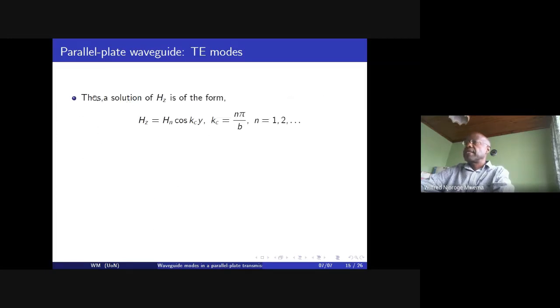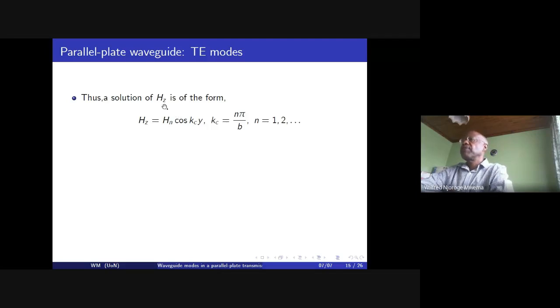So thus, a solution of Hz is of the form Hz equal to Hn cos kc y, with kc equal to n pi by b and n equal to 1, 2, and so forth. We cannot use n equal to 0 like we did for the TM modes, because if we put n equal to 0, the cosine of kc y is going to be equal to unity, and therefore Hz is going to be equal to a constant.